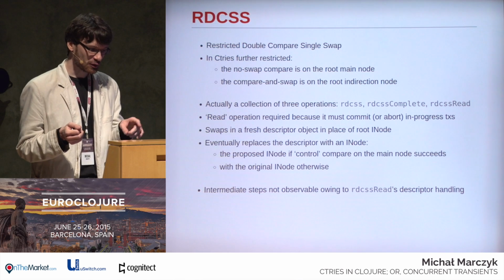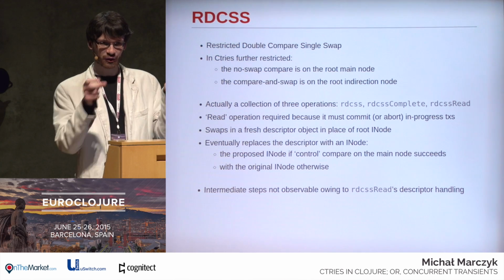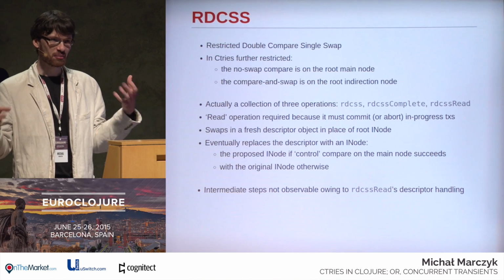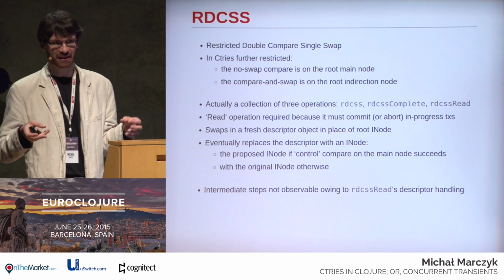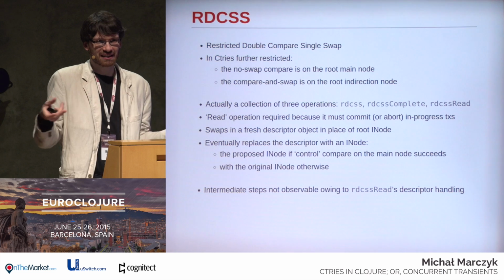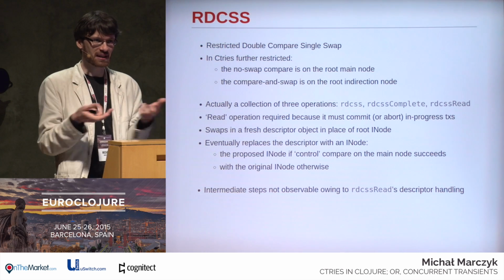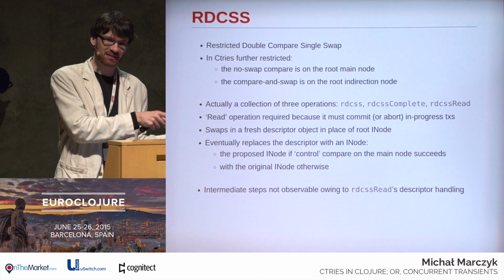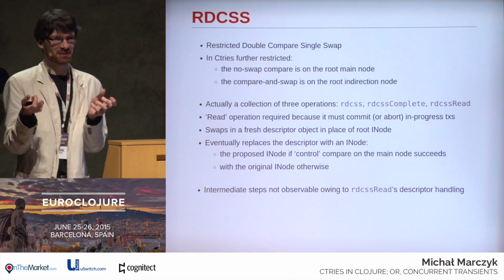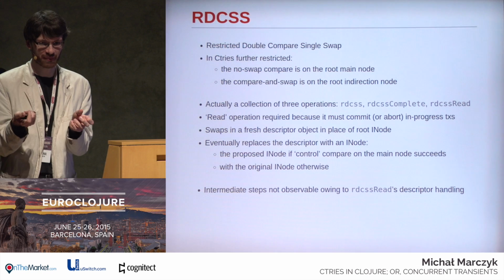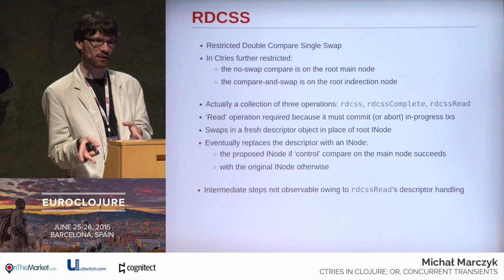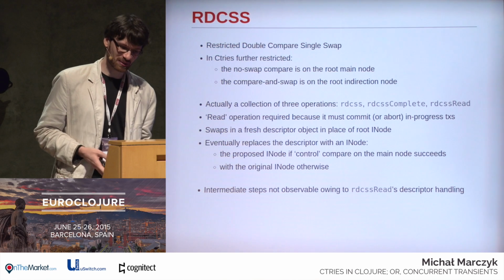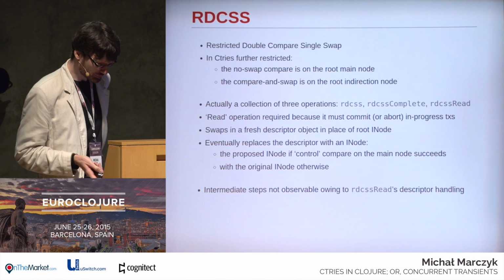So you're permitted to make two compares and a single swap with RDCSS, but you need to make sure that independent RDCSS calls happening in parallel always treat the same addresses as the swappable addresses. Okay, so you need to know which addresses are your extra control compare addresses and which are the swaps.